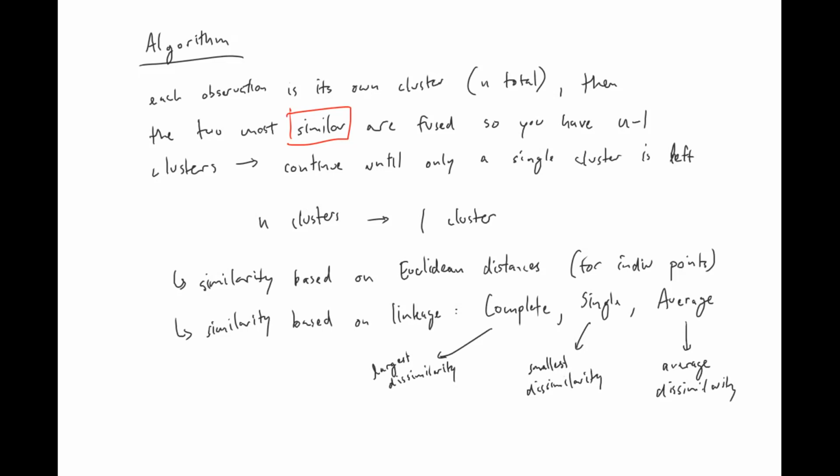Average and complete tend to have the most balanced clusters. And what I mean by balanced is that the size of the clusters are similar, or the number of data points contained within each cluster.